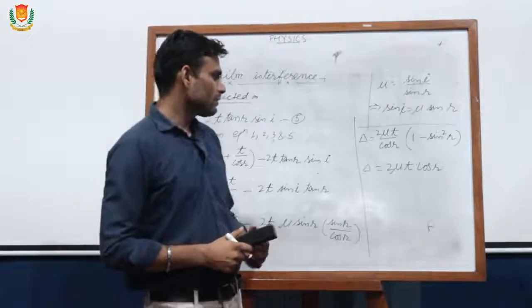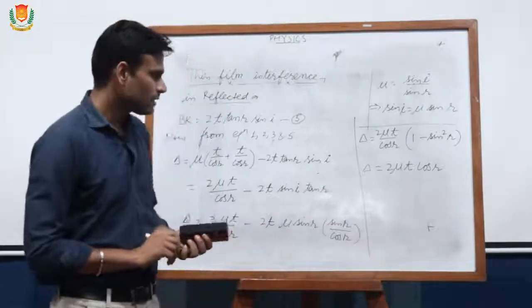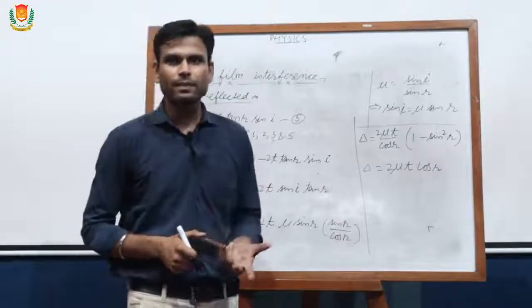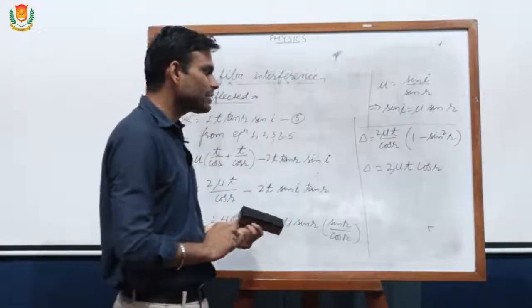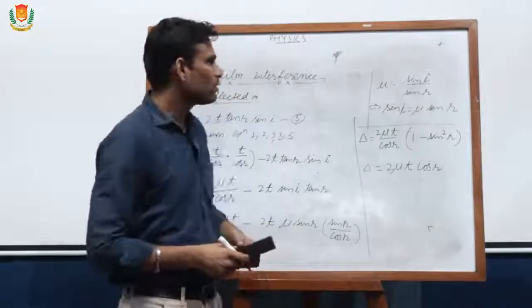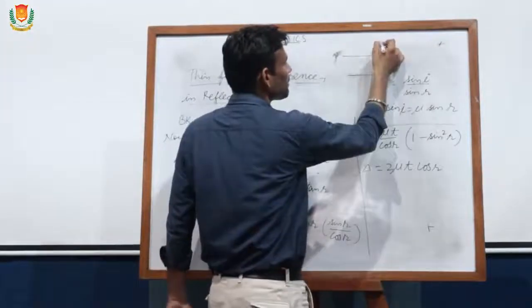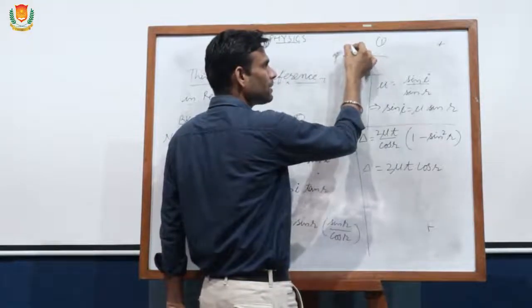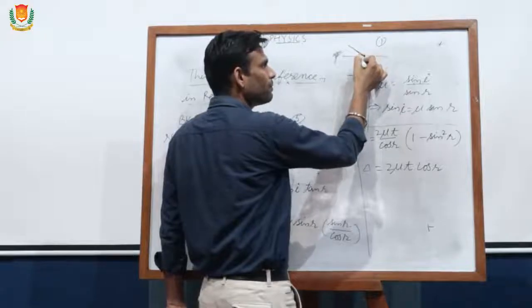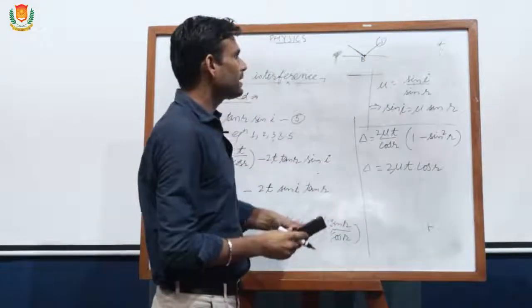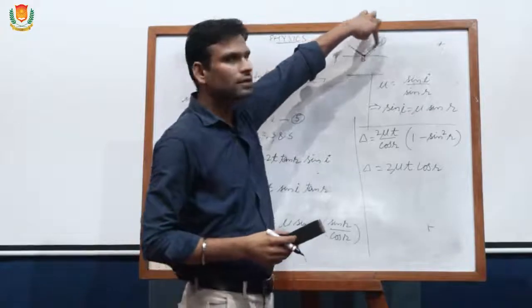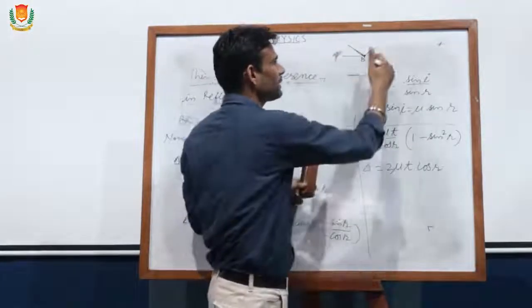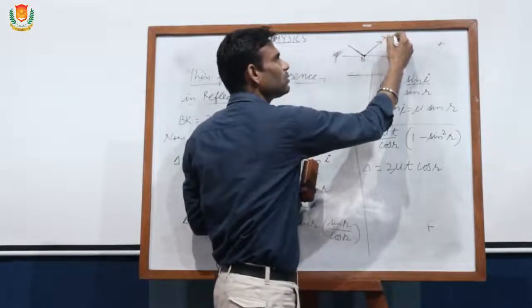Also one thing which we have to mention here, that by the laws of reflection, when a beam is reflected from a denser medium, it gets an additional path difference of lambda by 2. So this was the reflected system, upper system. When the first beam comes at point B and is reflected from here, it is reflecting from the denser medium, so it will get an additional path difference of lambda by 2.